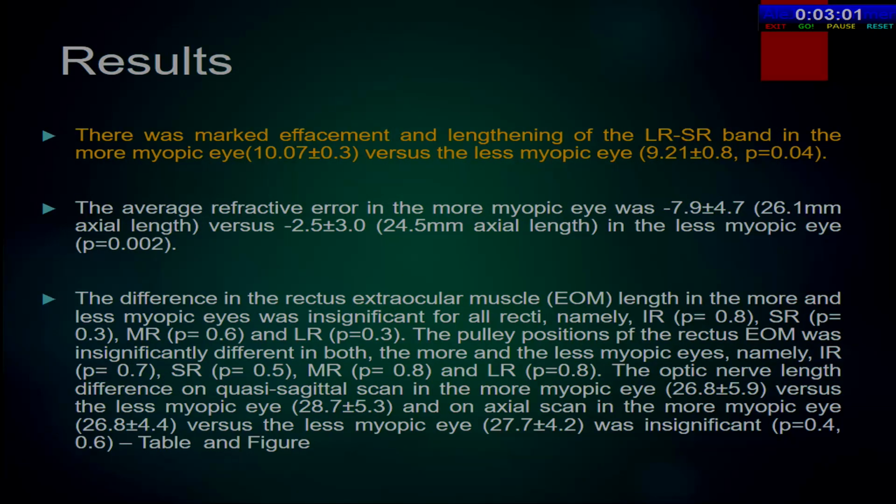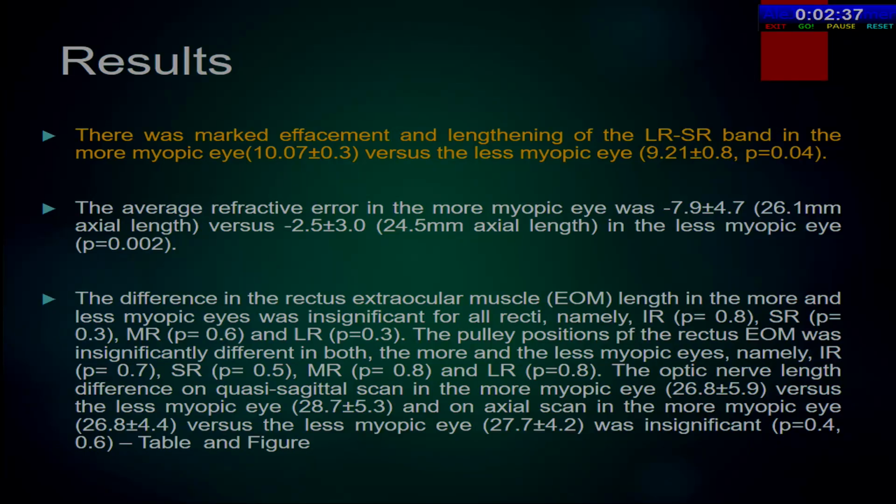So when we analyzed all the parameters, we found that there is a marked attenuation and lengthening of the LR-SR band in the more myopic eye versus the less myopic eye. The average refractive error was also higher in the more myopic eye than the less myopic eye.